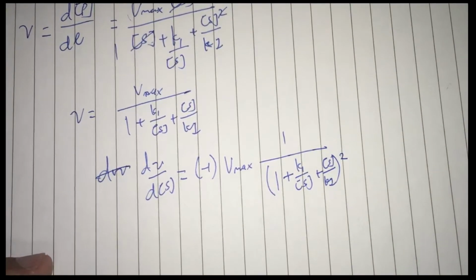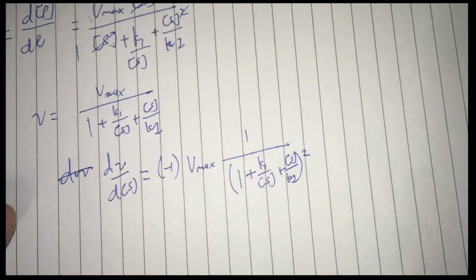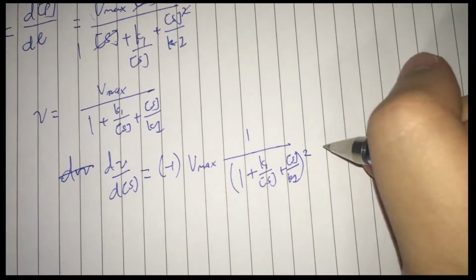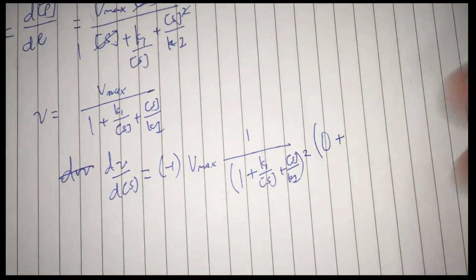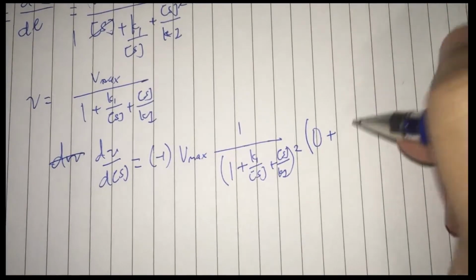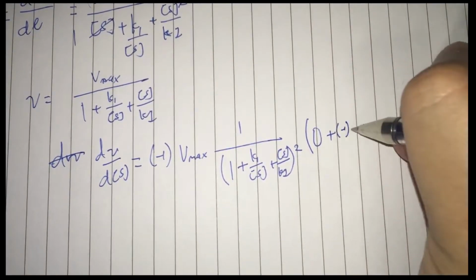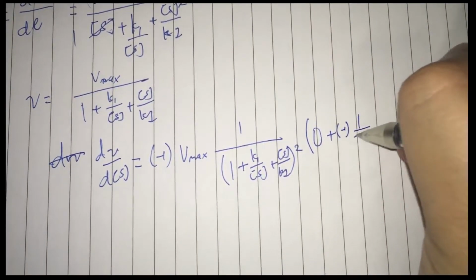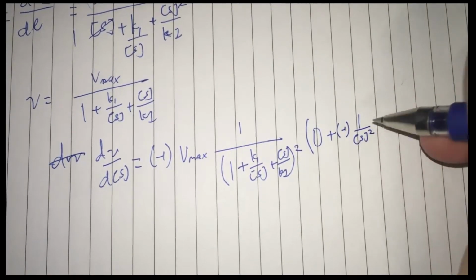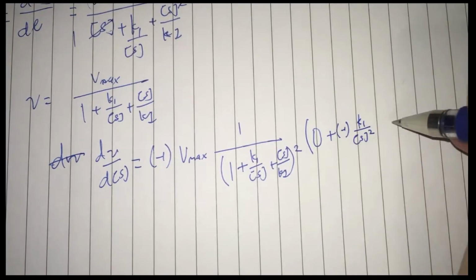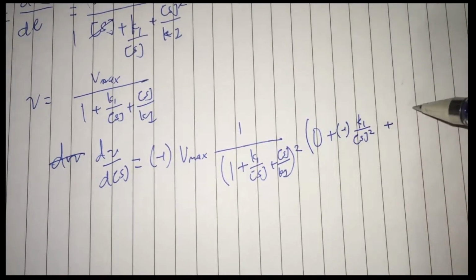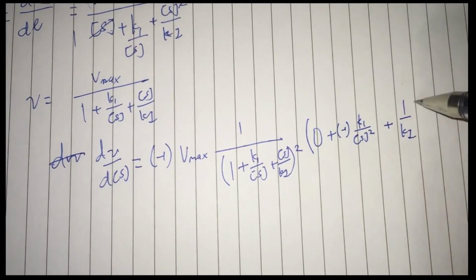Then we multiply by the differential of the inside. The first is 0, because you differentiate 1 is 0. The second is that you will do this differentiation. So -1, 1 over S squared, then you times K1. So the last one will be just 1 over Ki.